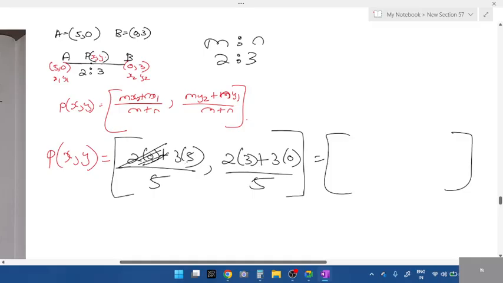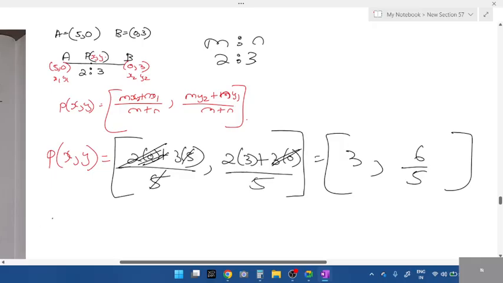See, this part gets cancelled. This 5 and 5 also can cancel. 3. All of you got 3. Next, 0. Again, 0 gets cancelled. What is the y coordinate? 6 by 5. 6 by 5 is 1.2. Right? 6 by 5 is 1.2. 3 comma 1.2 is the answer, students.